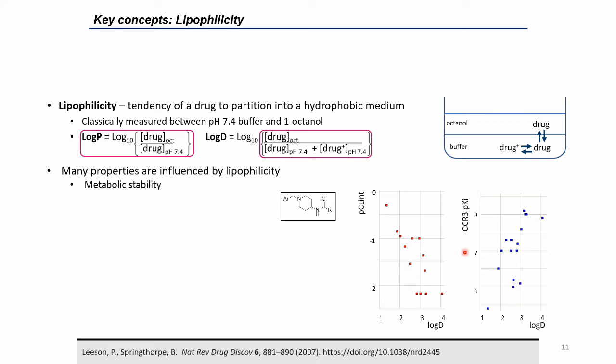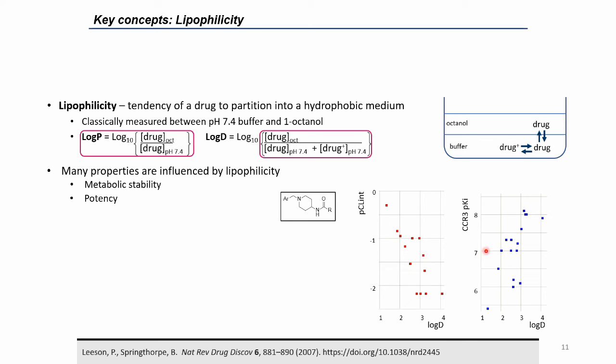This was a program targeting inhibition of CCR3. And basically in this project, we were never able to get away from this simple lipophilic driver. And that then was a reason we stopped that program. I say potency.